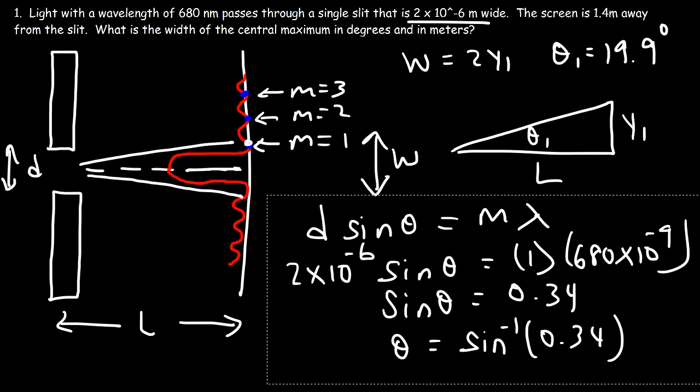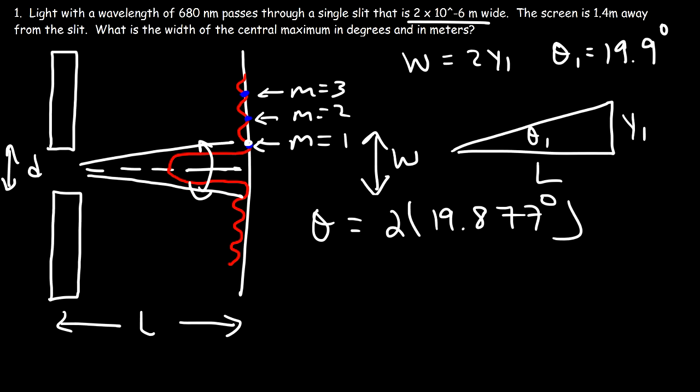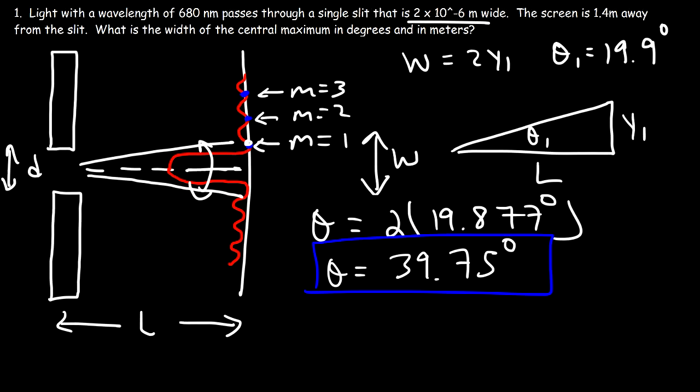So we can't use that third equation where theta is small. So the angular width, or the width of the central maximum in degrees, is twice this value. Now the exact answer was 19.877 for those of you who don't want to round it. So the angular width is 39.75 degrees. And so that's the answer to the first part of the problem.